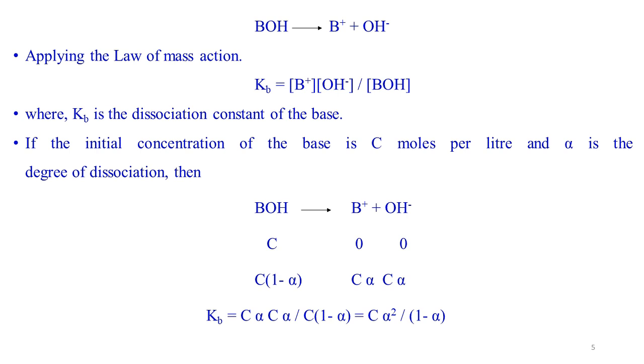As the reaction proceeds, the concentration of reactant will be C into 1 minus alpha and the concentrations of products will be C alpha and C alpha. The dissociation constant Kb is equal to C alpha multiplied by C alpha divided by C into 1 minus alpha, which will be C alpha squared divided by 1 minus alpha.